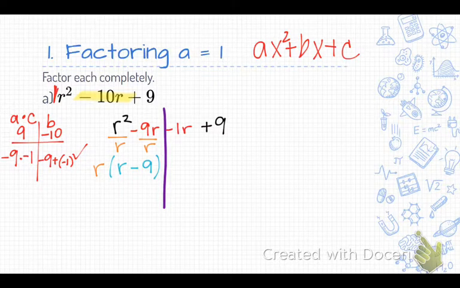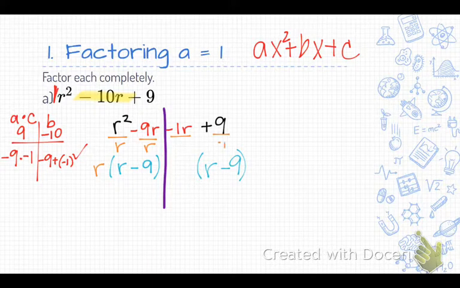Now, the other thing that I like to do is I know this part is always going to be the same over here. It has to be the same because it's a factor, okay? Now, I don't have that right here. I have a negative 1r and a positive 9. What can I divide by that gives me r minus 9?